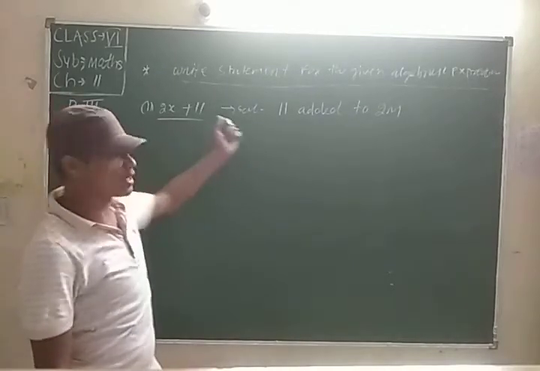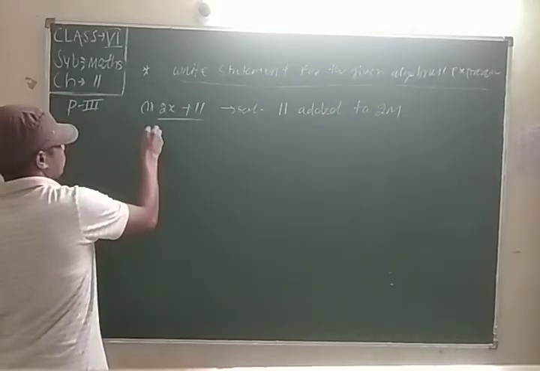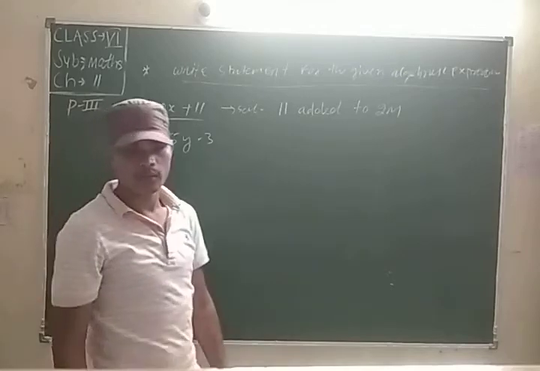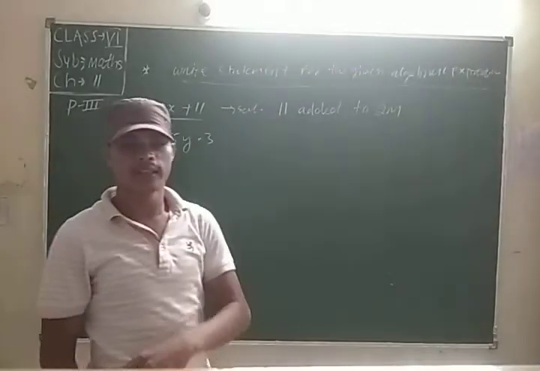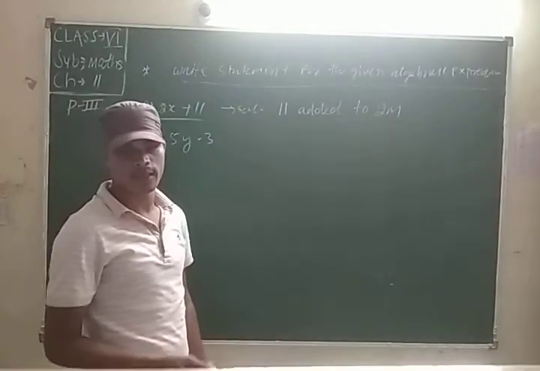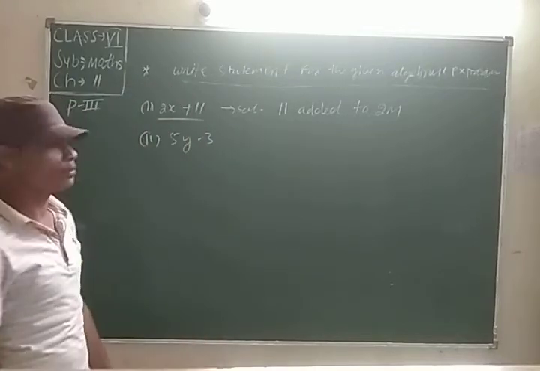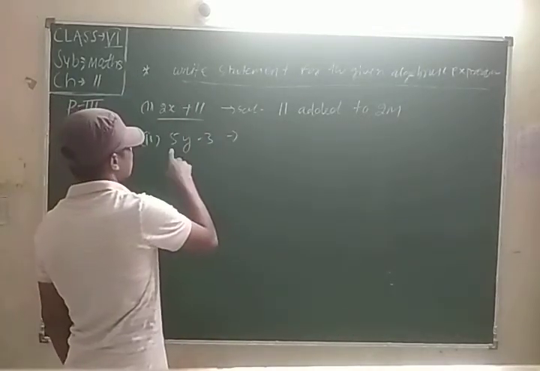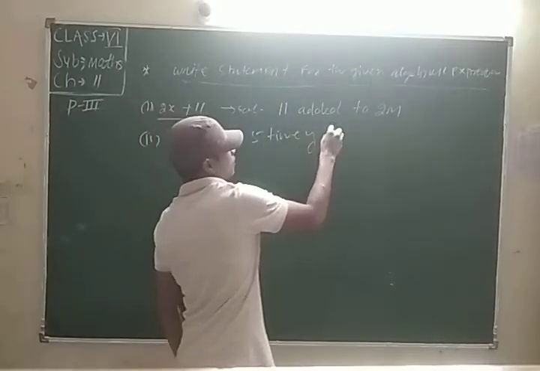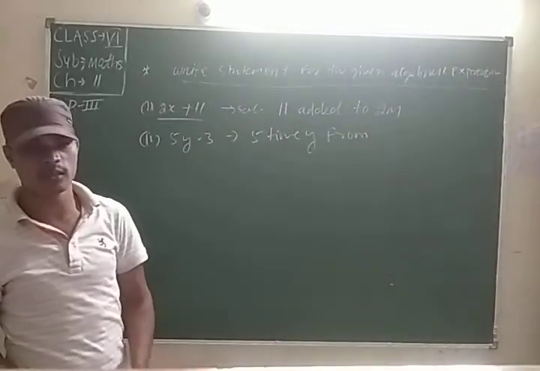How can we change an algebraic expression into a statement? Clear about it? Question example number 2: 8y minus 3. Then how can we write 8y minus 3? We can write it as eight times y from which 3 is subtracted. Eight times y, that means how many times y?